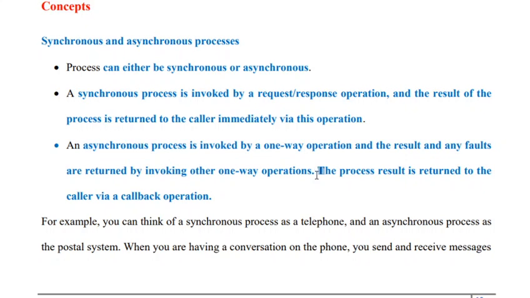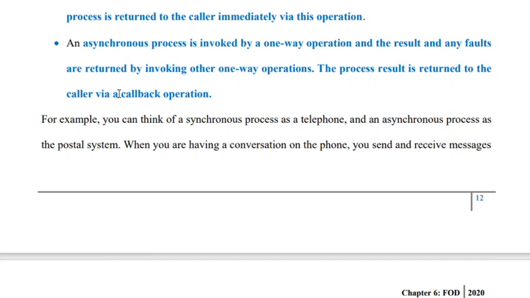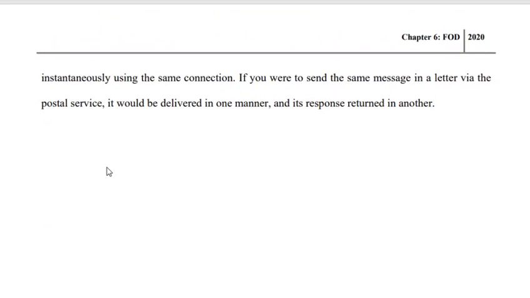The result is returned to the caller via a callback operation. So it happens at different timestamps. That is the typical distinction between synchronous and asynchronous interaction, right? A typical example of a synchronous process would be a telephone call, and an asynchronous process would be postal services.